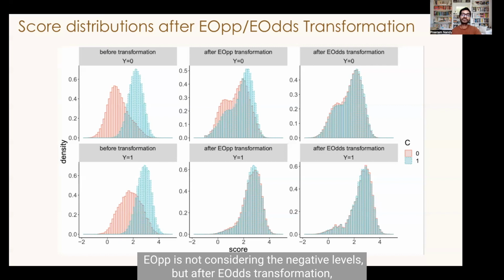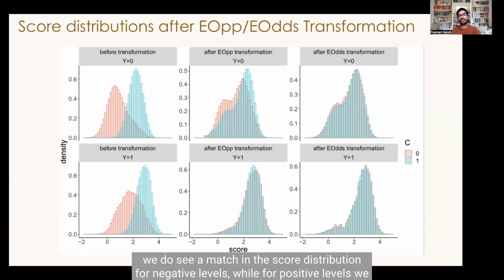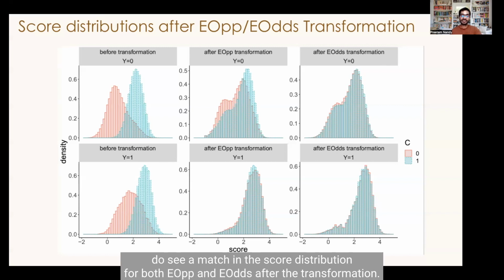But after the EOS transformation, we do see a match in the score distribution for negative labels. For positive labels, we see a match in the score distribution for both EOpp and EOS after the transformation.